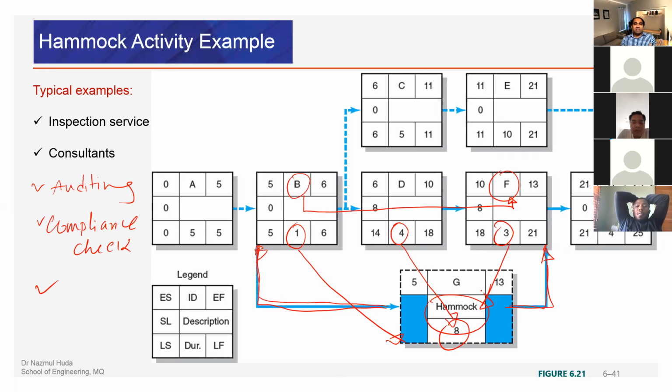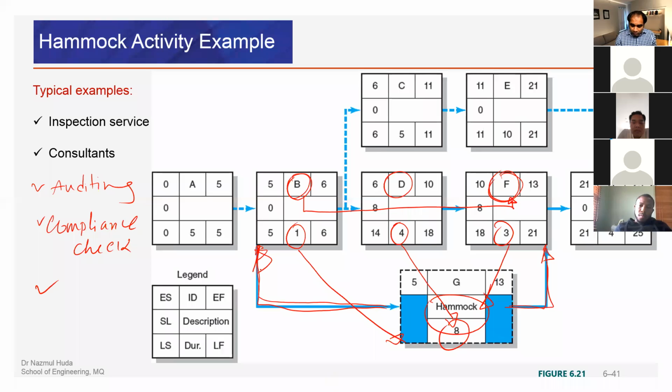So the hammock activity covers B, D, and F. These are the activities that must be inspected, or a consultant must be present when we carry out these activities, or an auditing process should be carried out when B, D, and F are being done, or a compliance engineer must be on site when B, D, and F are being done. So these are the additional tasks.